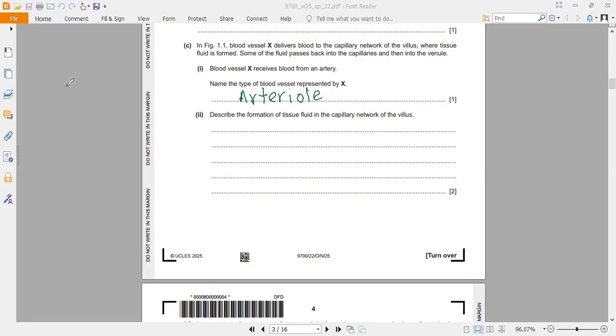So students, at the arterial end, arteries have high pressure. So at the arterial end of the capillary near vessel X, the blood pressure, which is also called the hydrostatic pressure, is higher than the osmotic pressure. So this high pressure forces water and small soluble molecules out through the tiny gaps in the capillary walls.